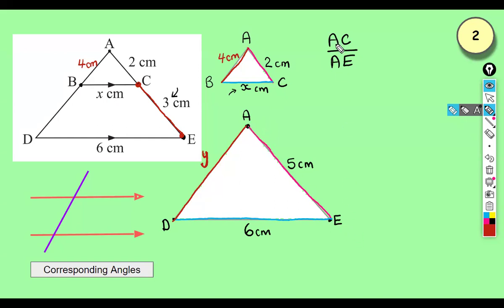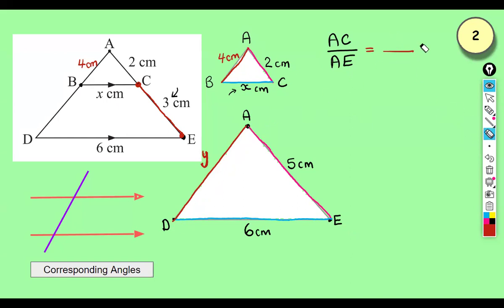So when we take AC and divide it by AE, we're supposed to get the same answer as AB. Remember, AB is going to grow up to be AD. So take AB, which is 4, and divide it by AD. But we don't know the length of AD.